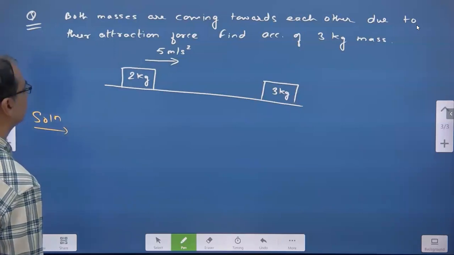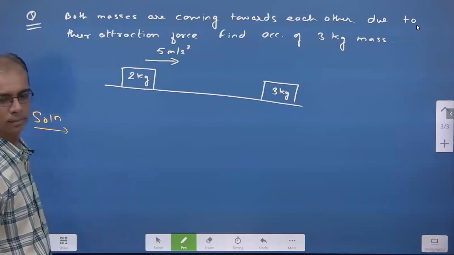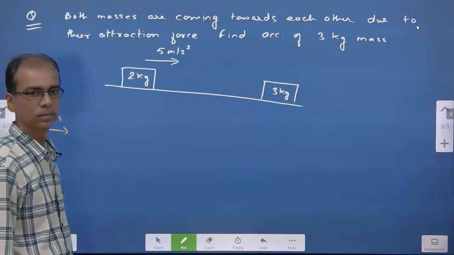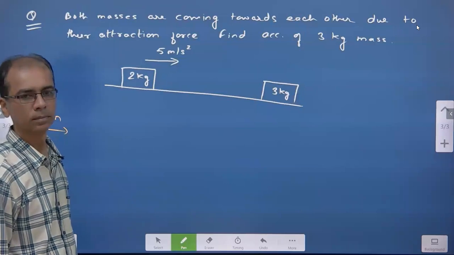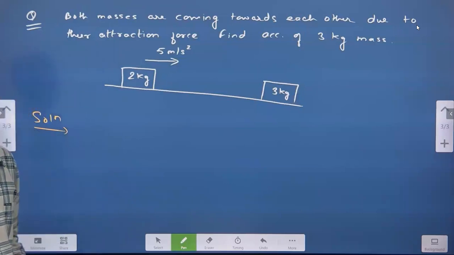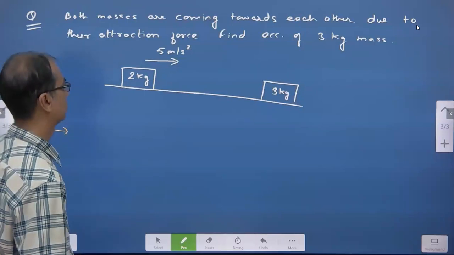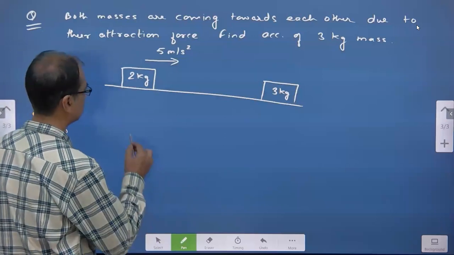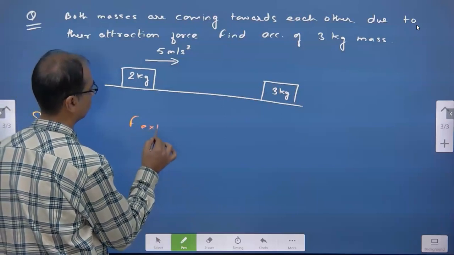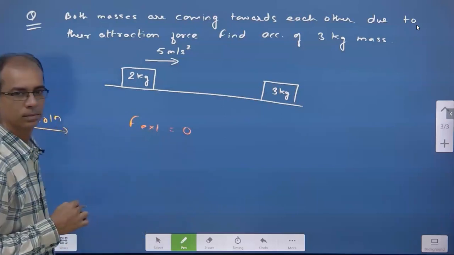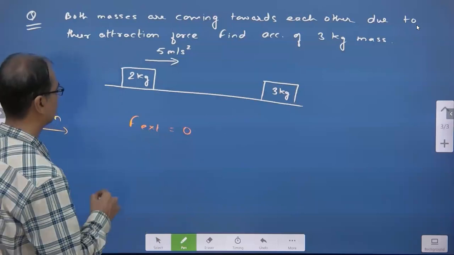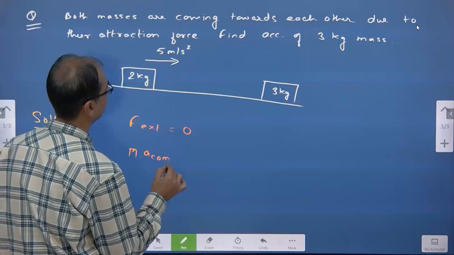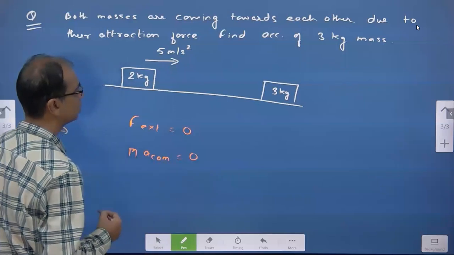What's coming? Sir, minus 10/3. Yes. When we say external force is not there, we can't see any external force. So if external force is 0, that means M A_COM is 0, but M A_COM is what?